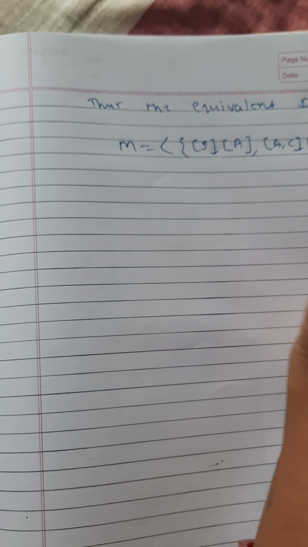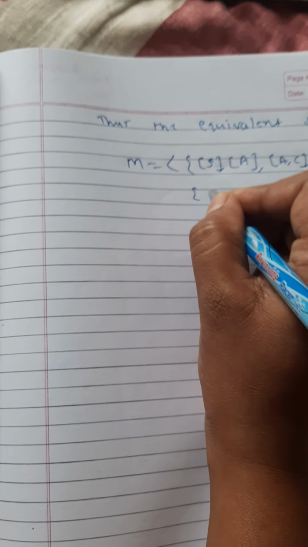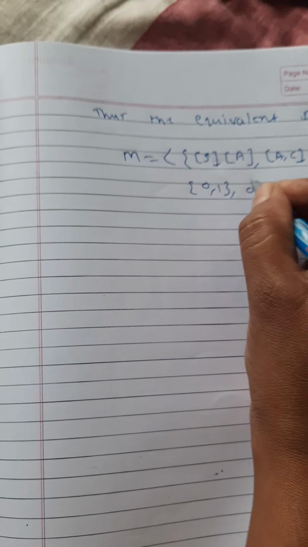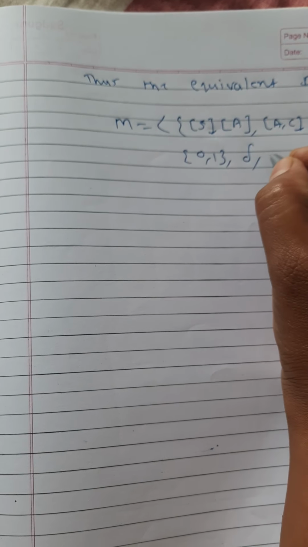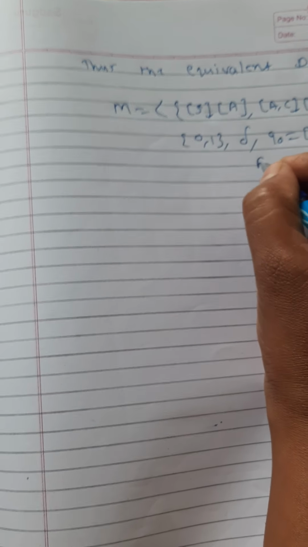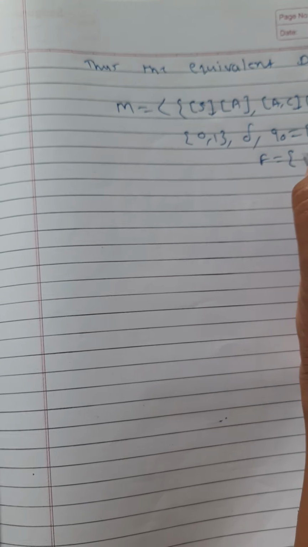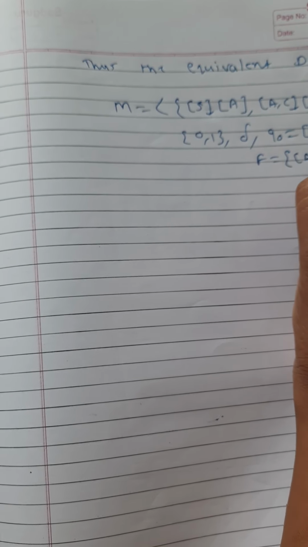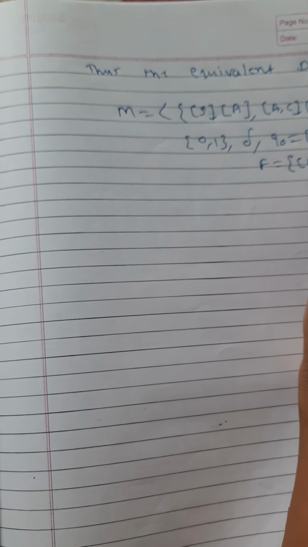This is the set Q. Then terminal symbols 0, 1. Delta is the transition function. Then the initial state is S, and the final states F are AC and BC.